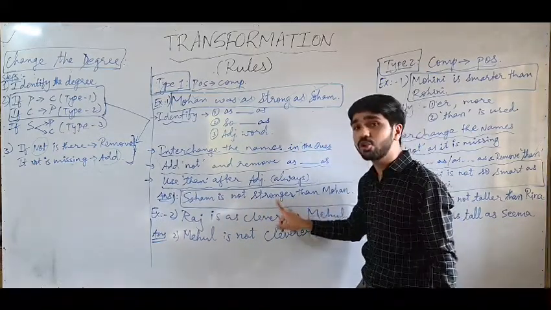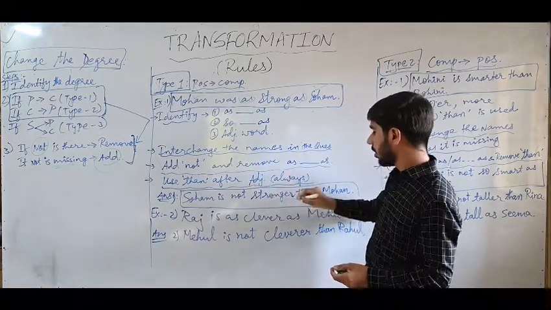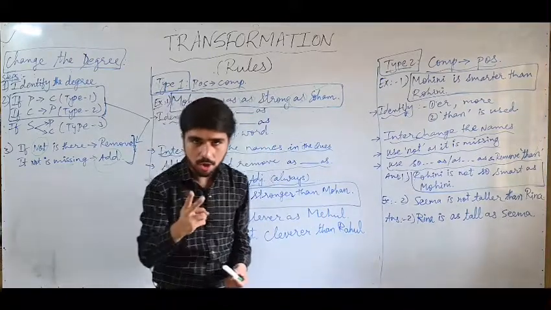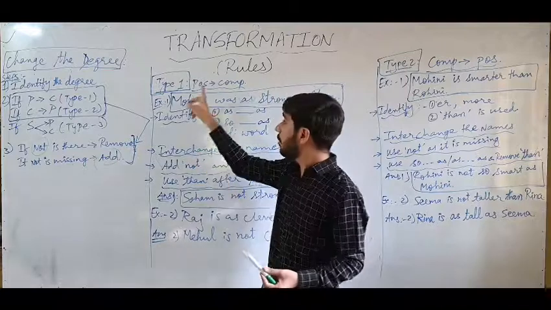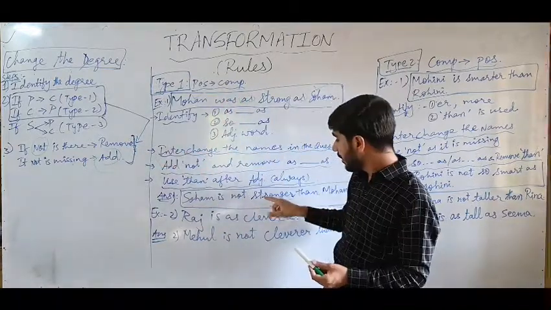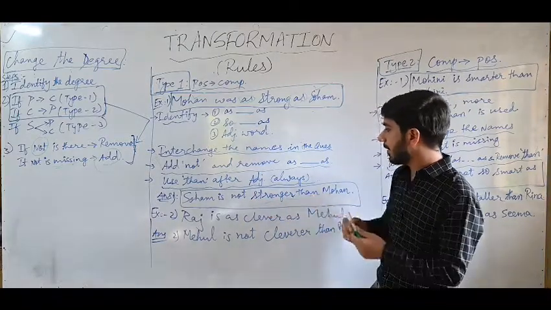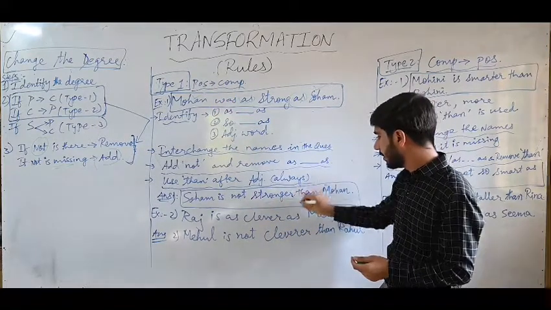Now, why do I write stronger? Because here it is given strong. There are three forms of this adjective: strong, stronger, strongest, positive, comparative, superlative. So we are changing from positive to comparative. So strong becomes stronger. And why are we using this than? Because it is the rule that whenever you are changing from positive to comparative, this word than is compulsory.